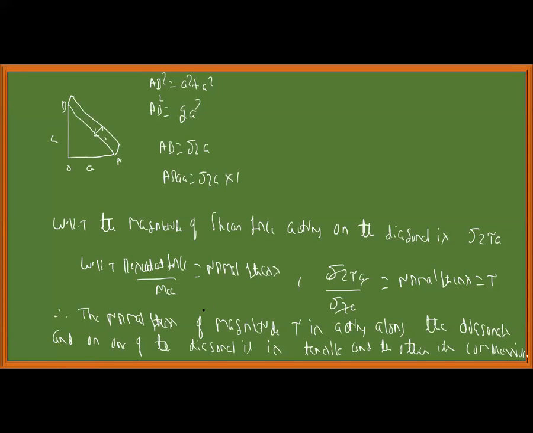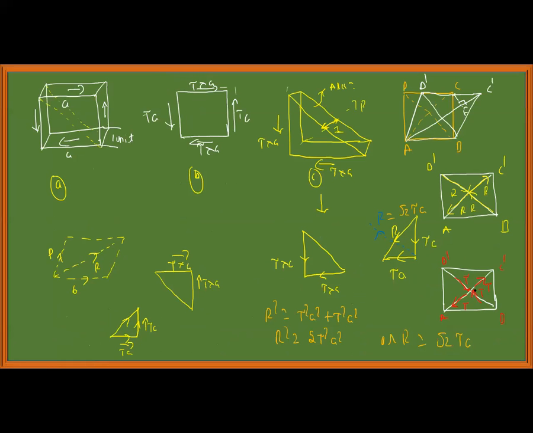Resultant force by area is equal to normal stress, and this normal stress of magnitude tau is causing tensile stress on one of the diagonals, and on the other diagonal it is compressive of magnitude tau.